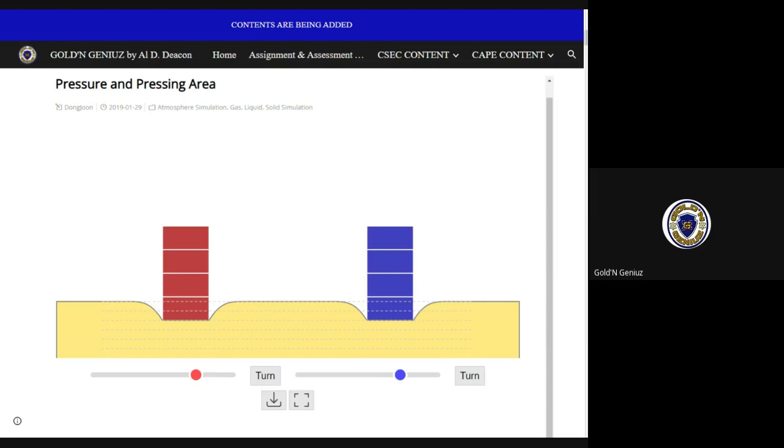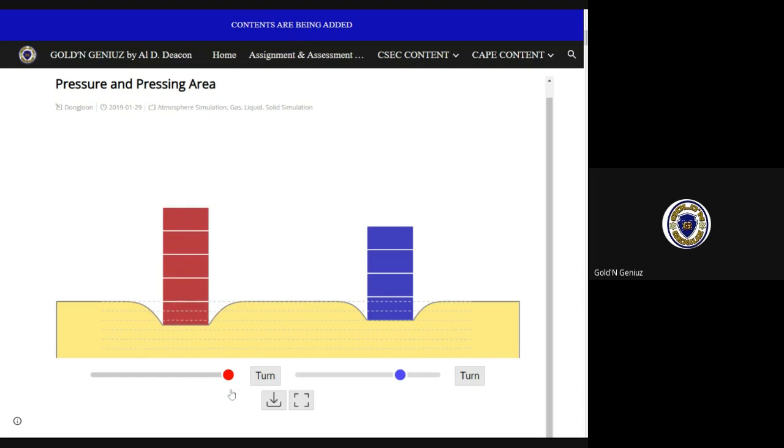McFarlane, I am saying, when you increase the force, the pressure will increase. And I'm increasing the force by adding more rectangular blocks. See, if I take off a rectangular block, the pressure on the surface decreases. If I add more, I'm adding more force. More force means there's more pressure on the surface.